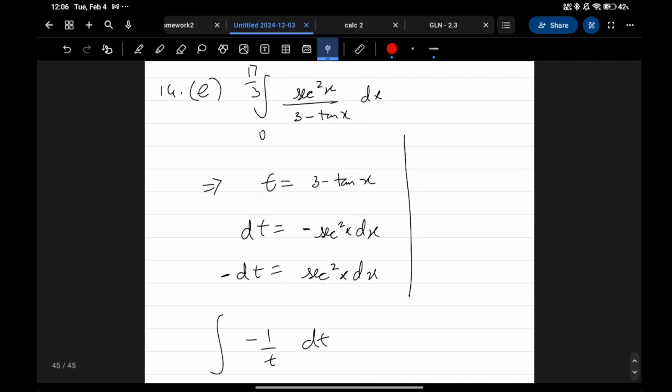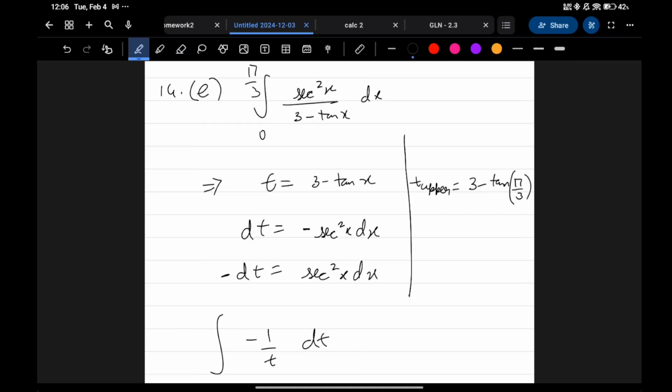All right, now. So I said that t equals, let's say t upper, we are first calculating it for t upper. 3 minus tan, and what was my upper value? It was pi over 3. So pi over 3. Can anyone tell me what's tan pi over 3? Tan 60 degrees. Anyone?